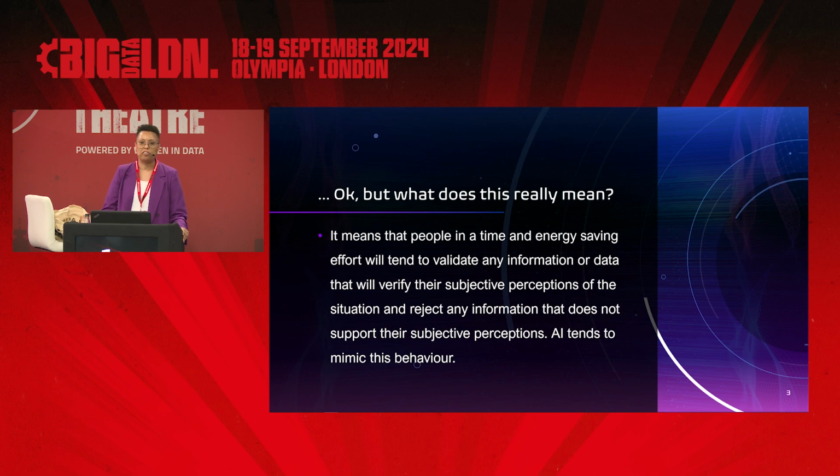It can even be convenient, but that doesn't mean that this is necessarily the correct way to assess the data. And as we are the coders of AI, we're often hard coding our own cognitive biases into the code itself. So it's not AI mimicking our behavior, we're actually creating it ourselves.